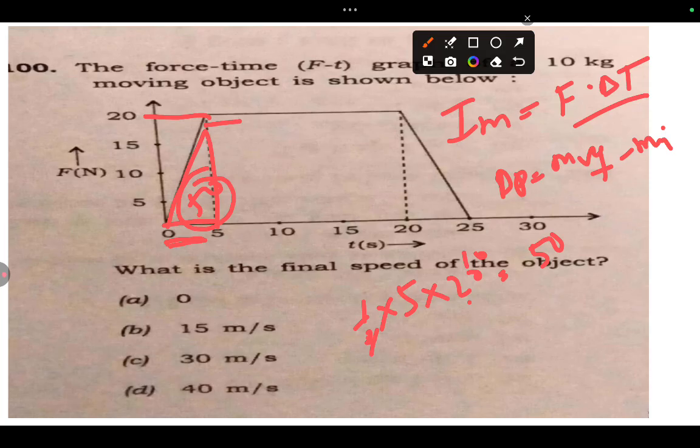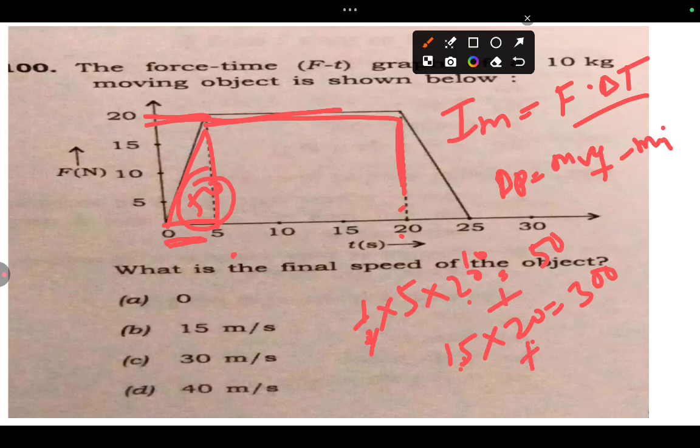Come to this rectangle. For the rectangle, the base is 20 minus 5, that is 15. Height is 20. So this is almost 300. Now coming to this last triangle: from here to here, 25 minus 20, that is 5.